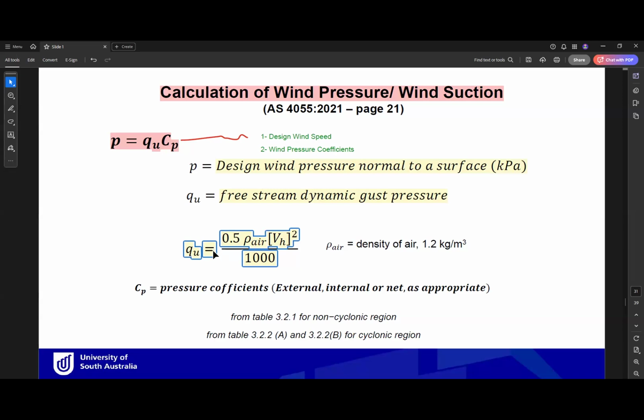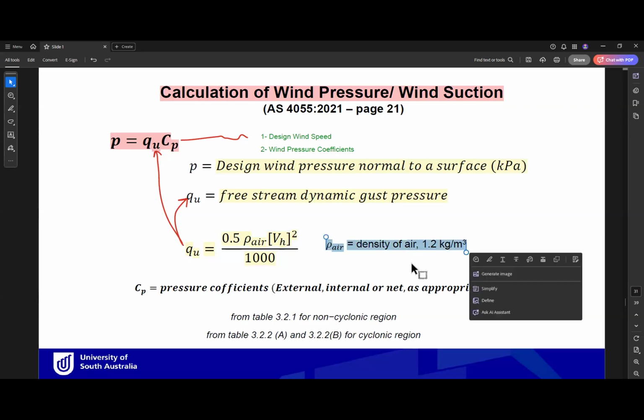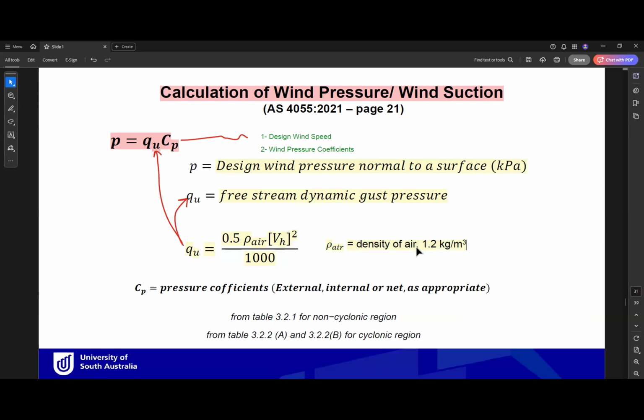So this is our q_u needed to find the pressure. Where rho air is the air density equal to 1.2 kilogram per cubic meter.